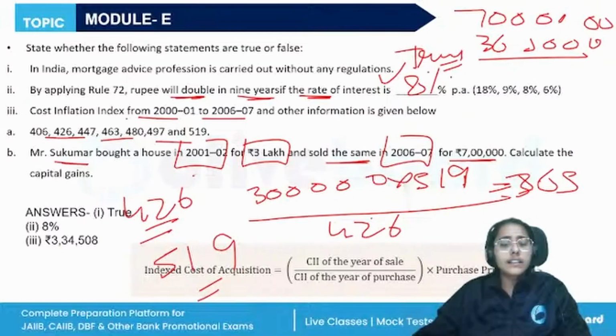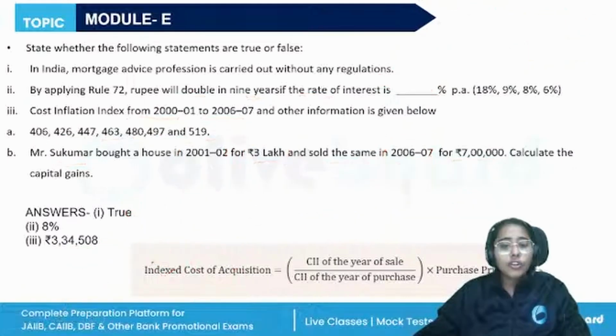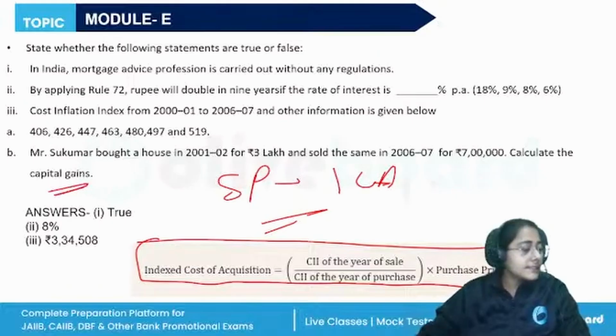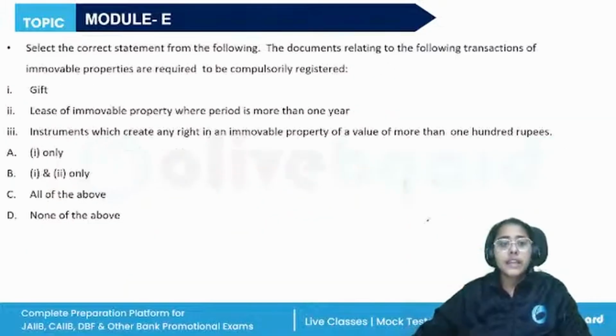All right, so the correct answer will be 3 lakh 34,000. So all you need to do is remember this formula, the indexed cost of acquisition, and then subtract it from the sale price, and you will arrive at the capital gains. I hope this calculation was clear. So this formula is important. Next question.